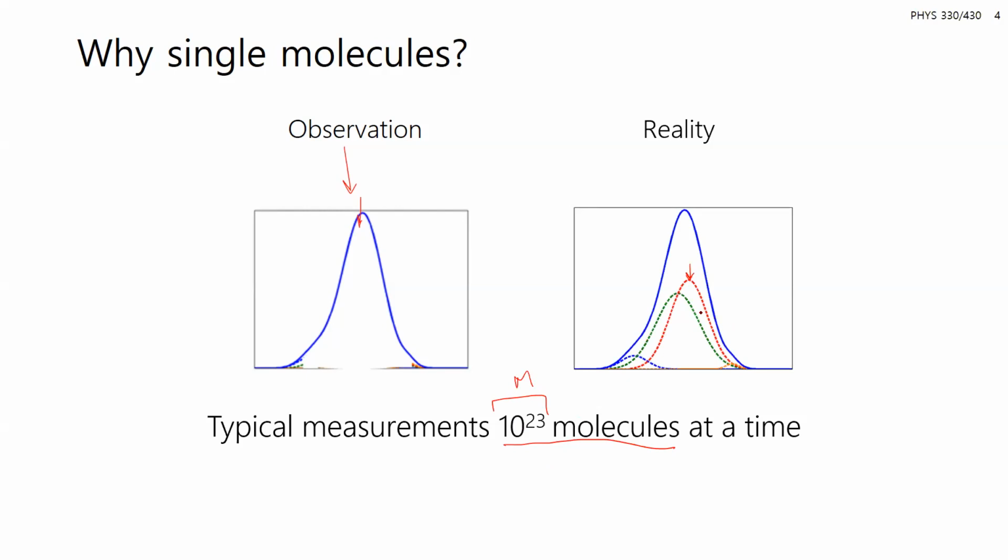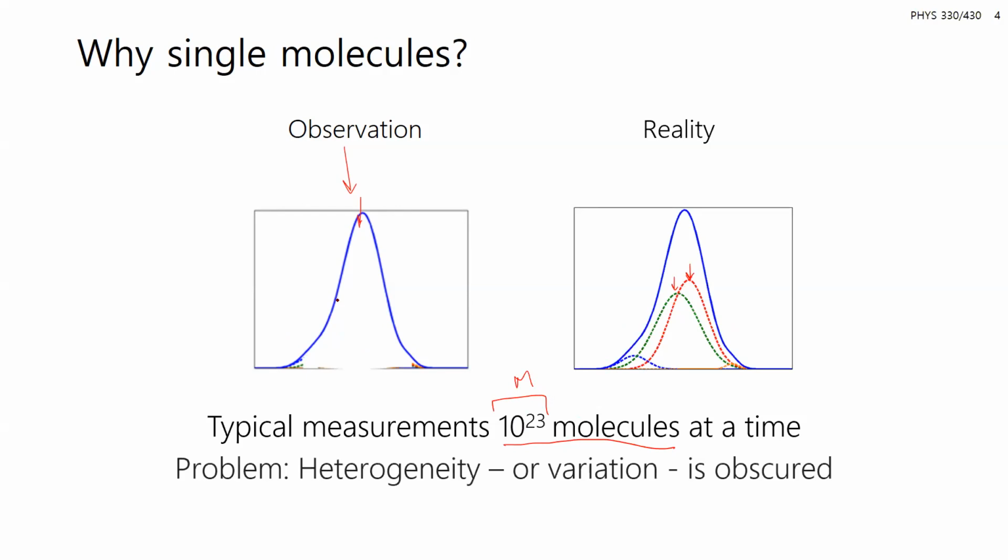You can see here we have overlapping Gaussian normal distributions of red and green, with a slight tail here that you might overlook if you're only looking at this bulk measurement. So when you're measuring an ensemble, a large number of molecules at a time, this heterogeneity or variation can be obscured because you're limited in your resolution.